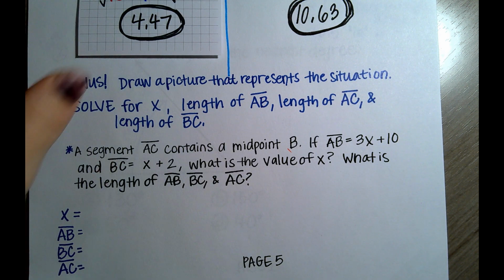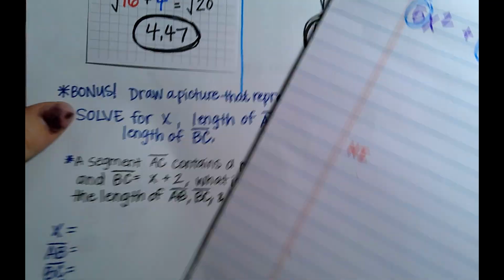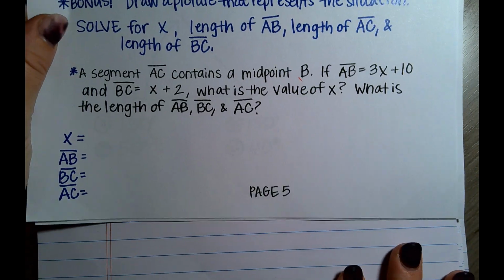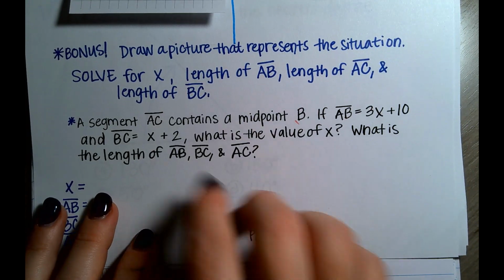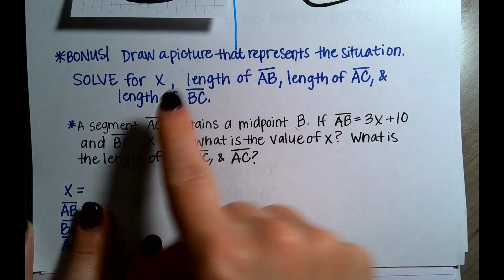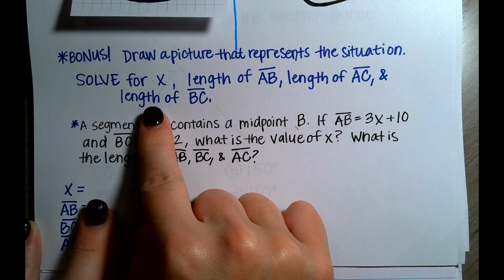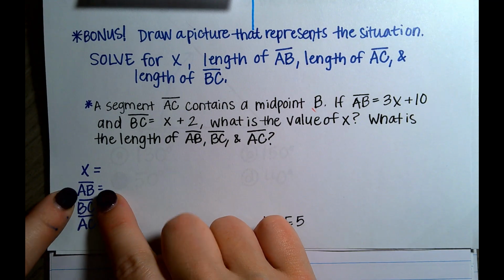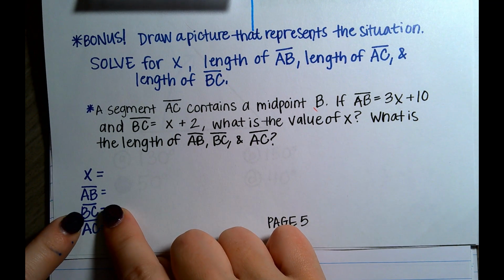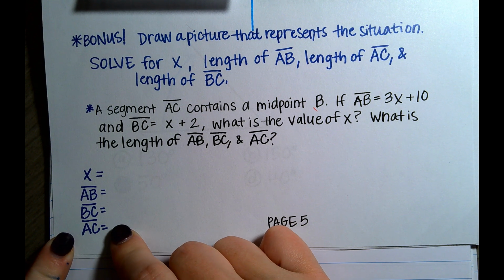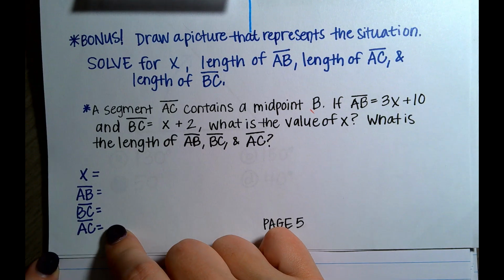I didn't give you a whole lot of room, so you could do it the same way, or do it on the back, or try to squeeze it all in. So the bonus is to draw a picture that represents this situation, and then you're going to solve for x. Down here, you're going to solve for the length of the segment AB, solve for BC, solve for AC. Sounds like a lot, but as soon as you see it, it really isn't too bad.